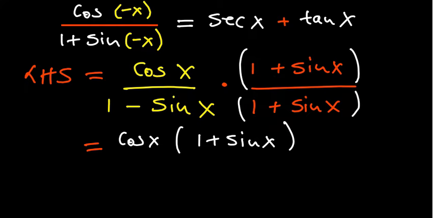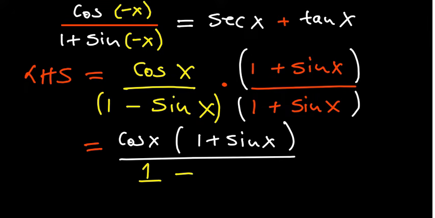And then in the denominator part, 1 times 1 is just a 1. If you multiply the middle part, it's basically going to go away. So in short, what we have is a difference of 2 squares. So it will just be 1 minus sine squared of x.